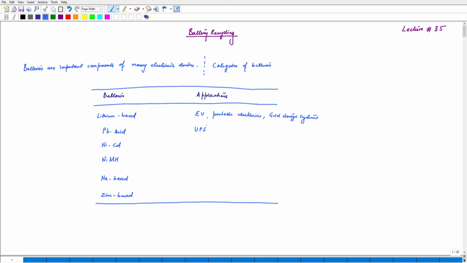Or such uninterrupted power supply is actually done by lead acid. And not just that, we have automotive applications. Nickel cadmium, railways, aviation, and other applications.